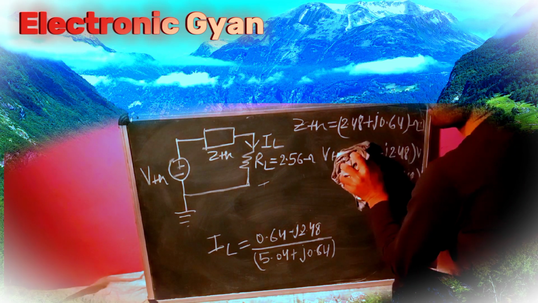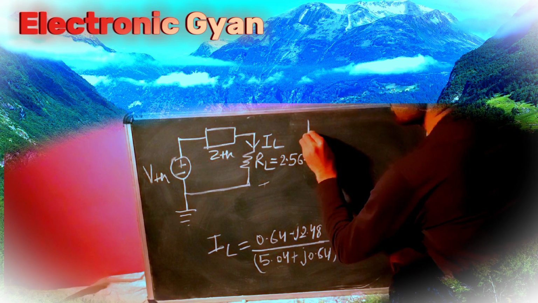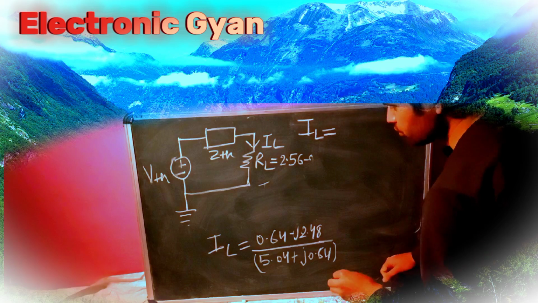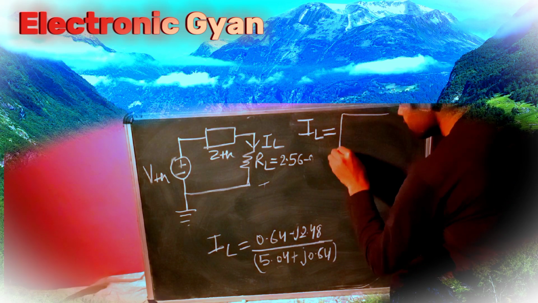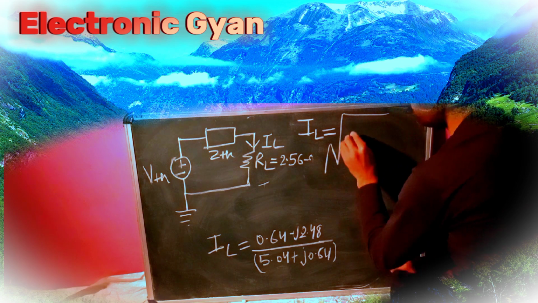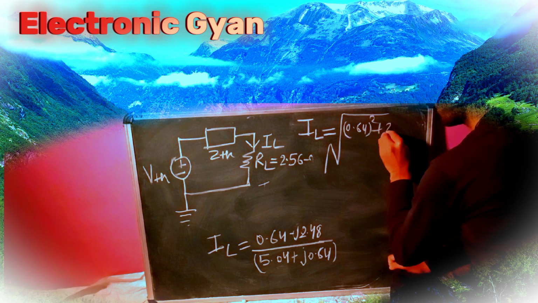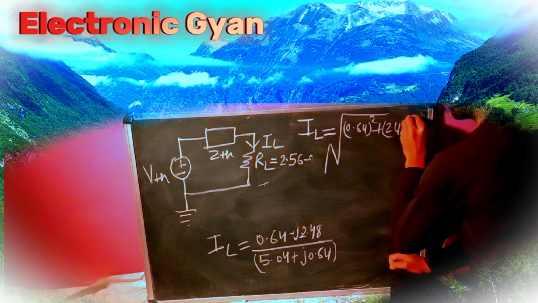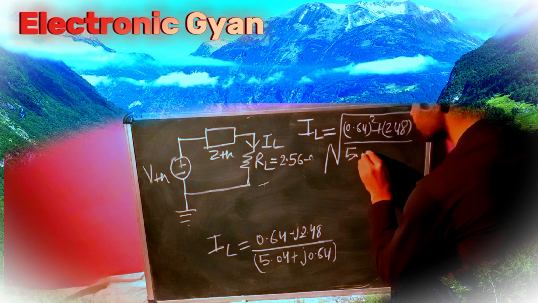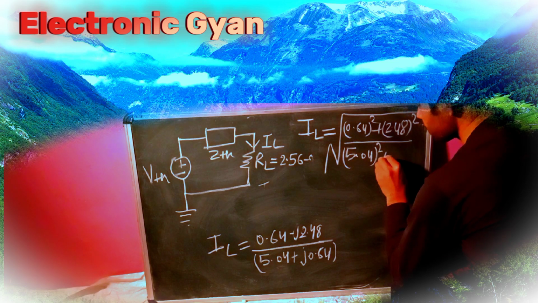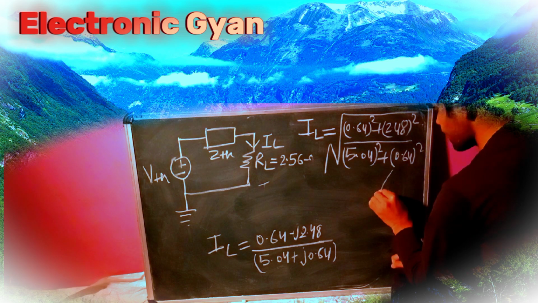Let me rub this first. The load current that we will get here, IL, is equal to the square root of 0.64 square plus 2.48 square, divided by the square root of 5.04 square plus 0.64 square, and angle phi.